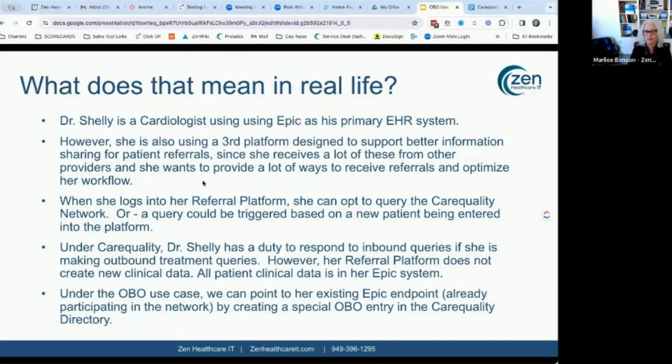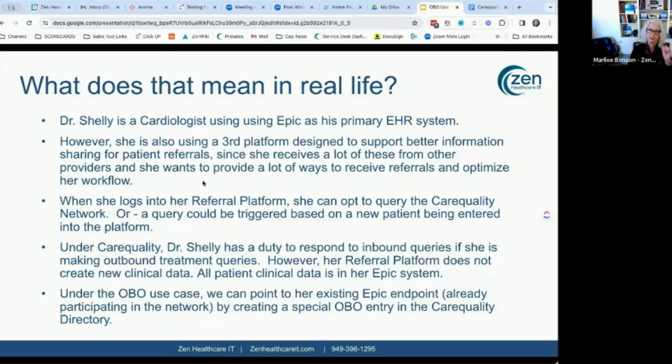She's using this third-party platform to make those referrals easier with her community of providers, and she wants to optimize her workflow in general. Under the OBO use case, when she logs into her referral platform, she can opt to query Carequality directly from there.